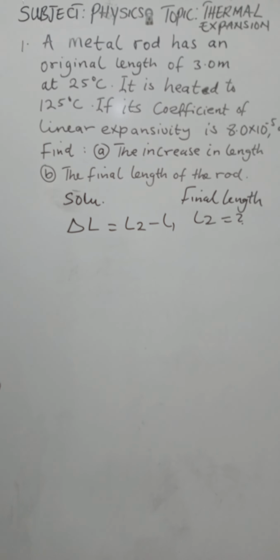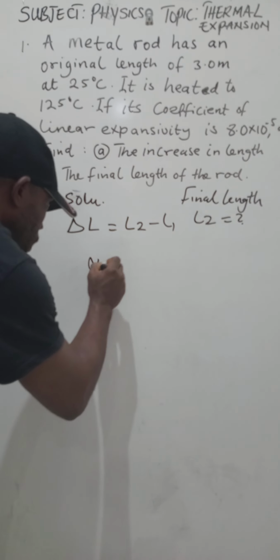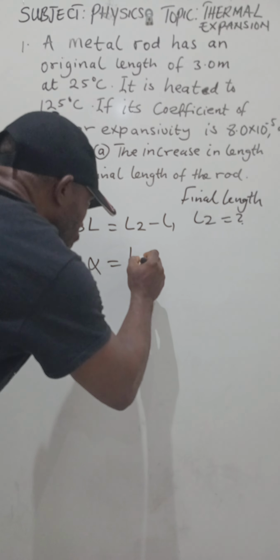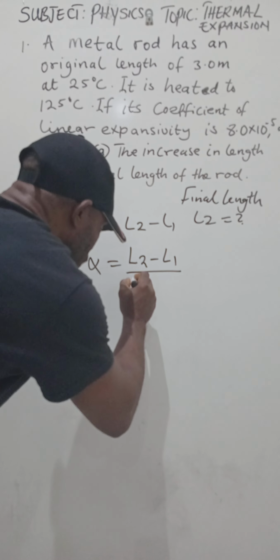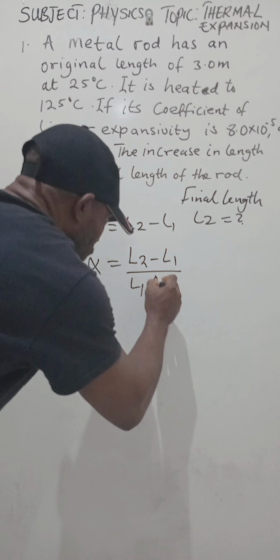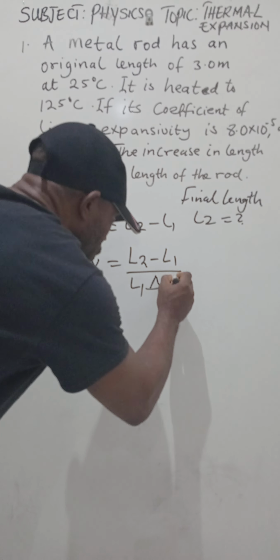Now, how do we go about solving this problem? The formula for the coefficient of linear expansivity is equal to final length minus original length, all over original length multiplied by change in temperature.